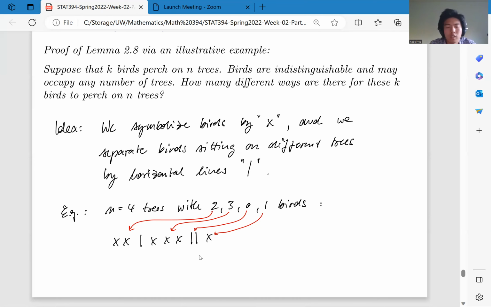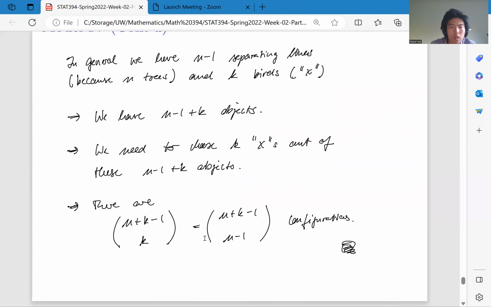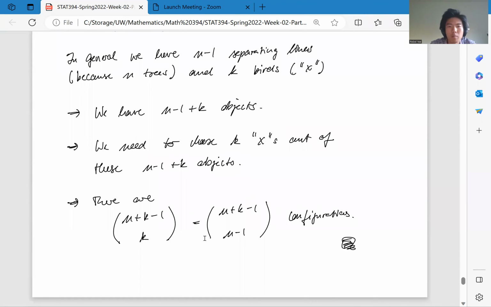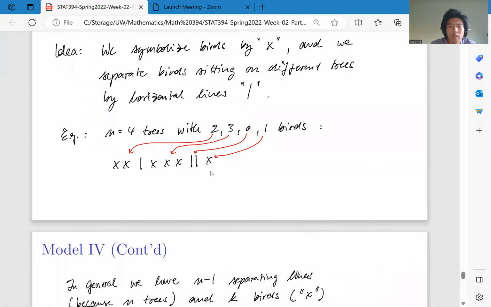So this is a way to visualize the idea: we symbolize birds by x and the trees by vertical lines. In general, we will have n minus 1 separating lines, the vertical lines, because there is always one more tree than boundaries between trees.